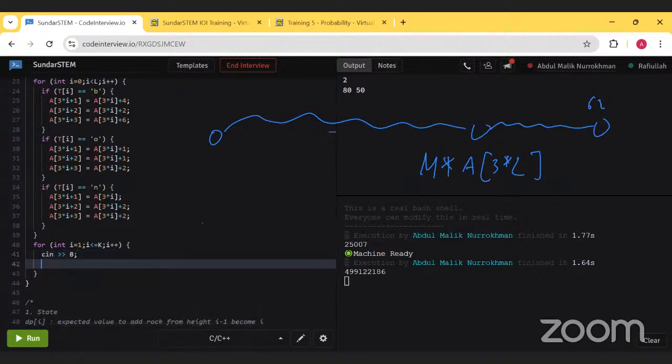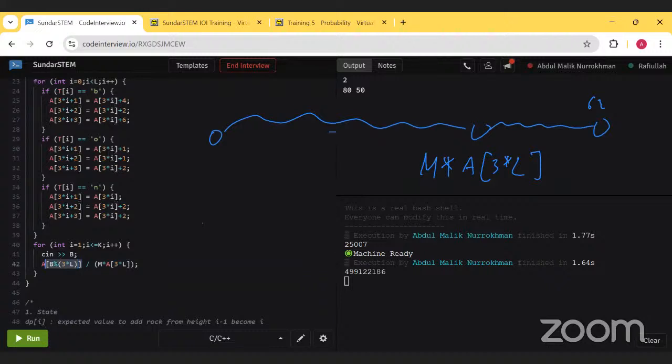So the exact node will be P modulo 3 times L. And then the probability, of course, divided by the total length. The total length is M multiplied by A times 3 multiplied by L. Okay, sorry.